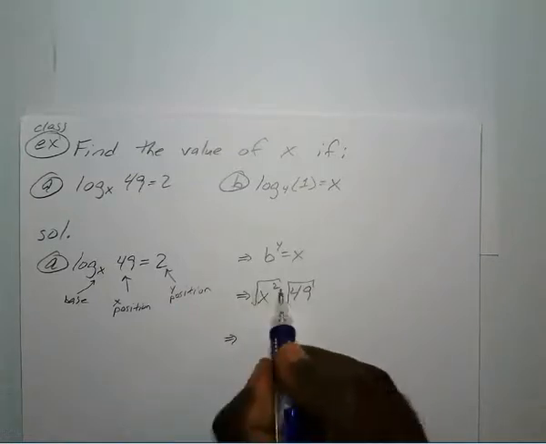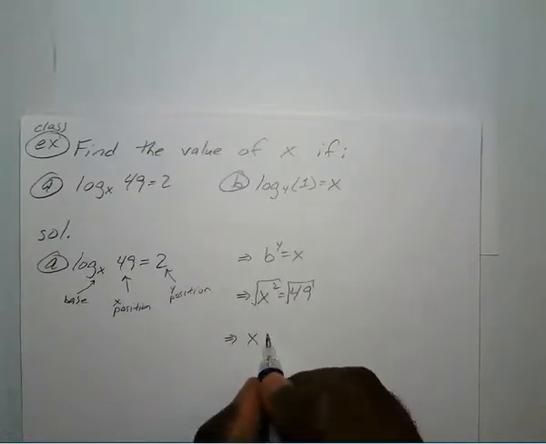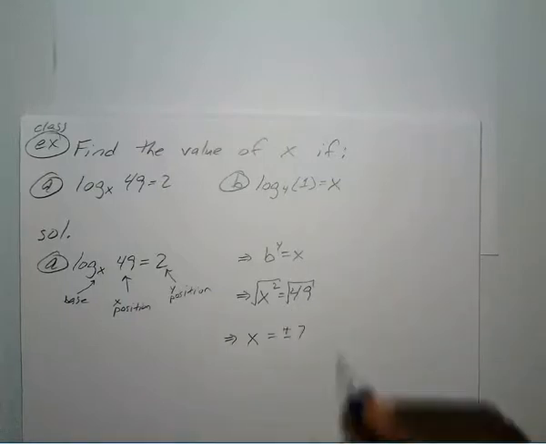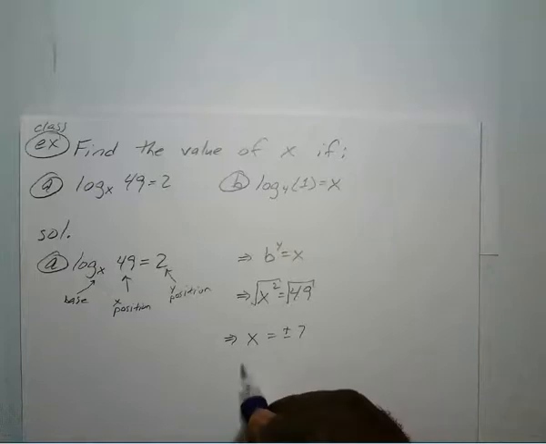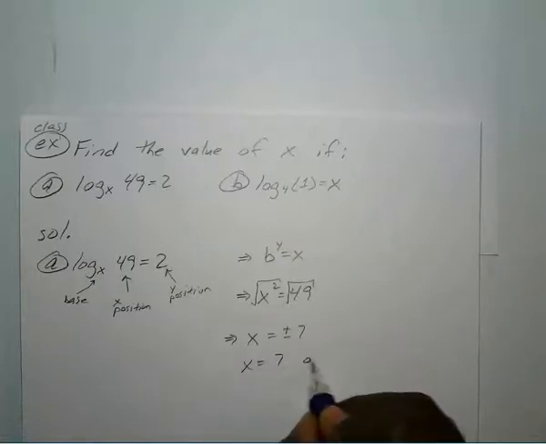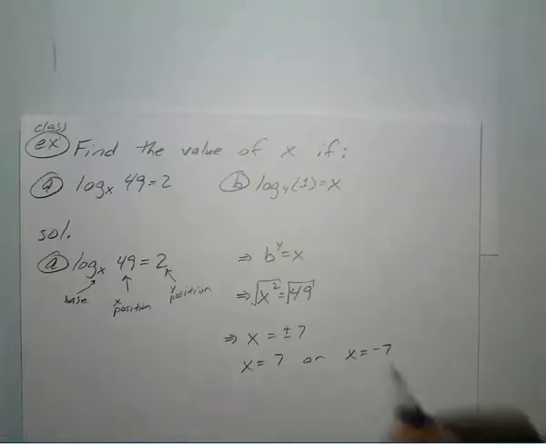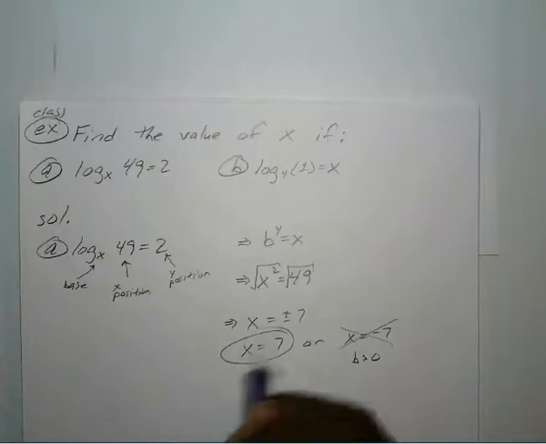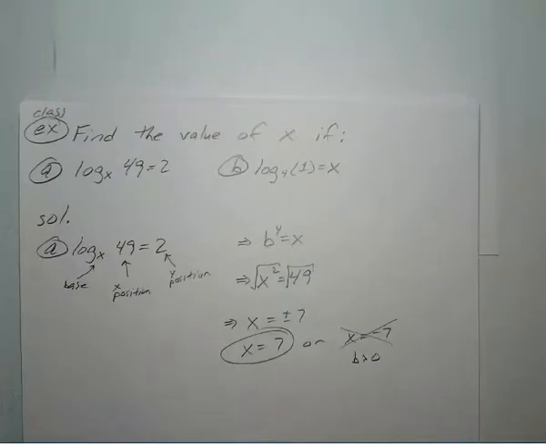Square root and square cancel each other out. Square root of 49 is positive or negative 7. So we have x equals 7 or x equals negative 7. Again, we know the base has to be greater than 0. So that would be your answer.